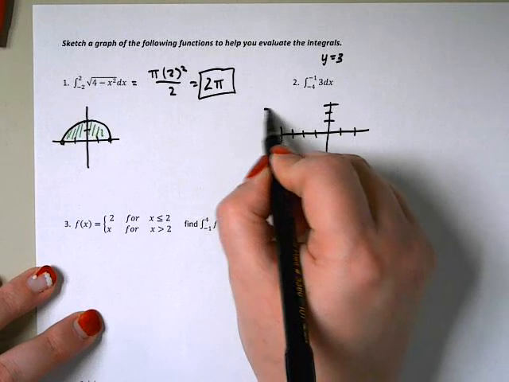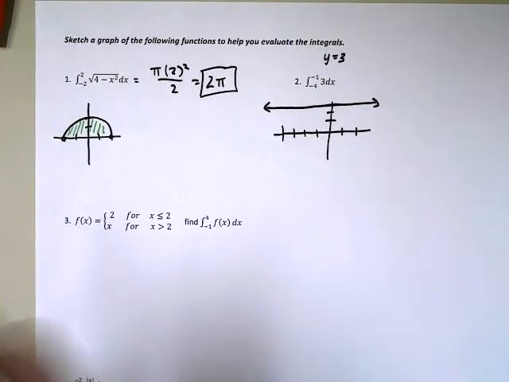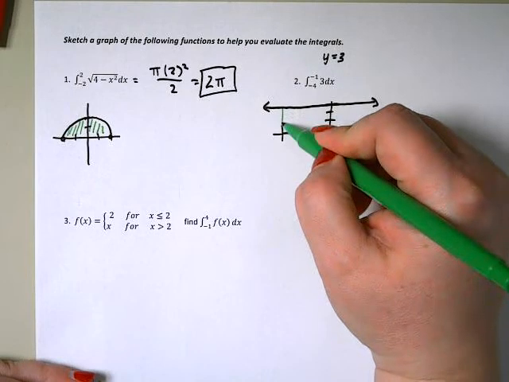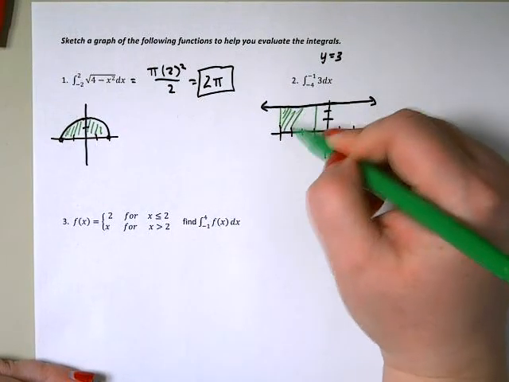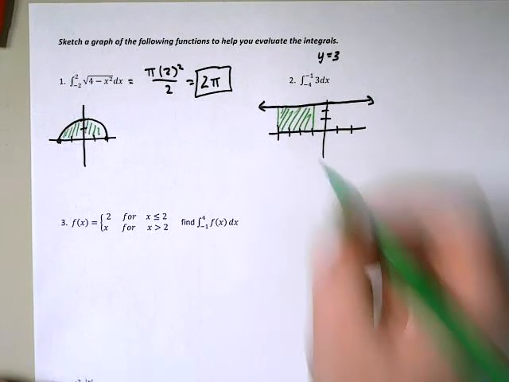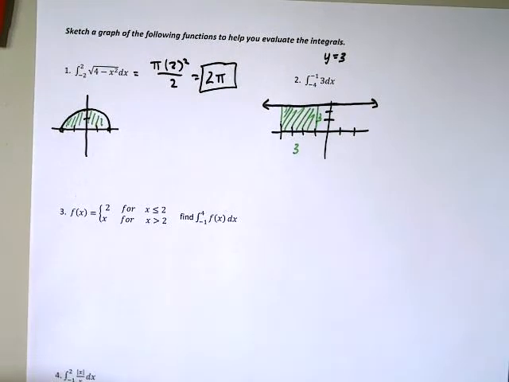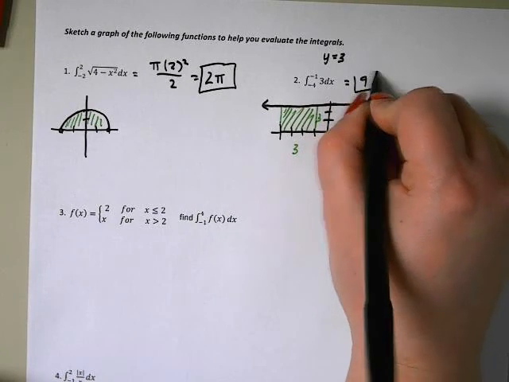So we have a constant function going across, and we want the area from negative 4 to negative 1, so that would be here to here, so it's this entire area in here, which is just a rectangle. So we're going 3 by 3. That means that this has an area of 9.